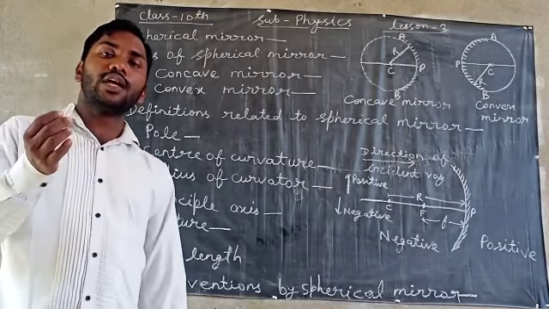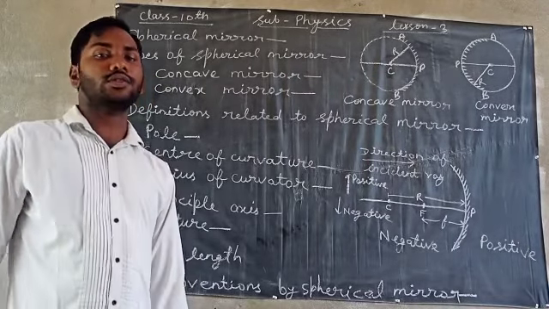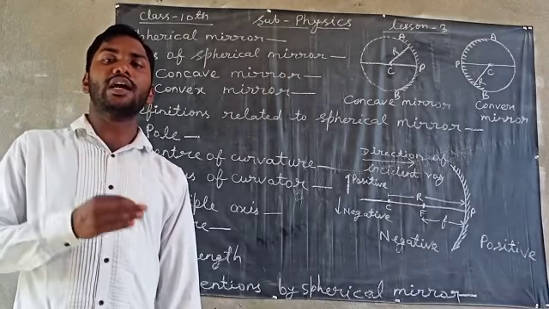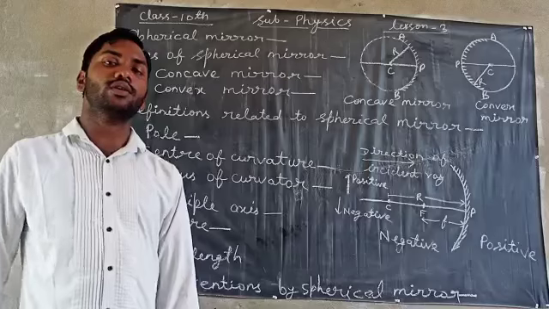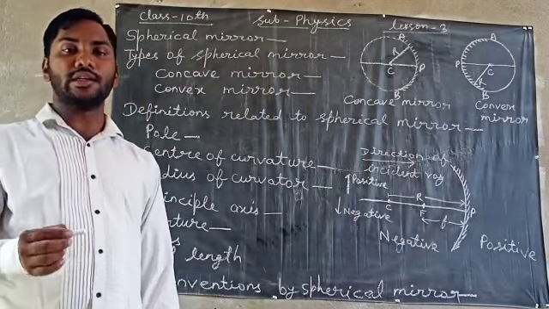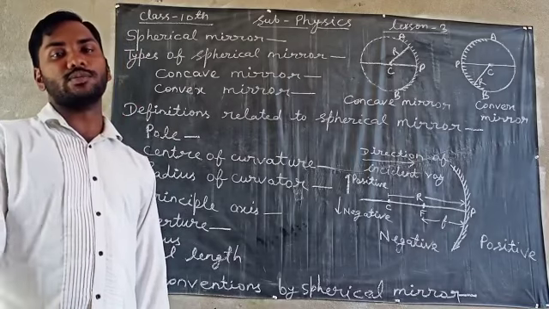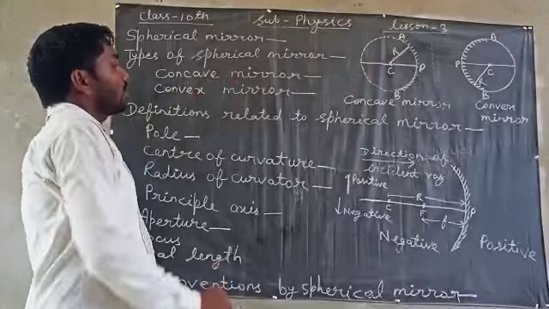Take a steel spoon: the inside of the spoon works as a concave mirror, while the outer bulging surface acts as a convex mirror. So now we will discuss concave and convex mirrors.